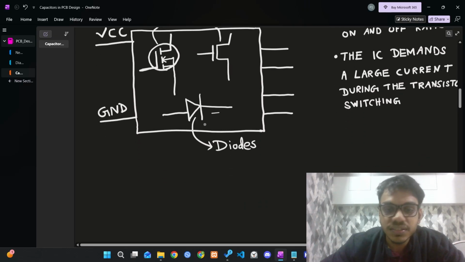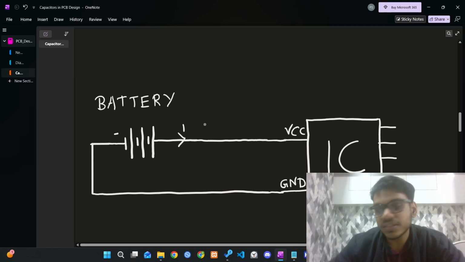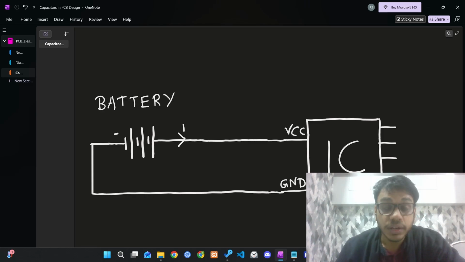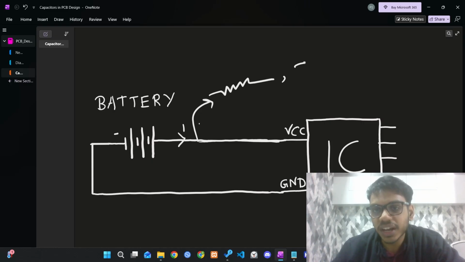Now let's just see this circuit. This is very simple. So we have our IC and the battery is providing it current. But the problem is in practical circuits, these wires that you see, or any connectors, will have some sort of resistance as well as some inductance.